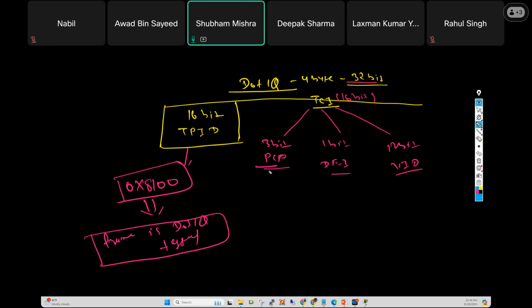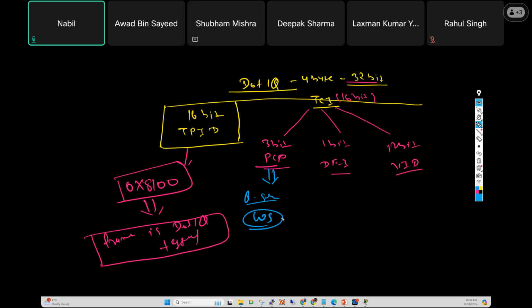So basically, these 3 bits are used for quality of service. Could be voice VLAN or something like that, to prioritize the data. Clear, everyone? The next one is called DEI.